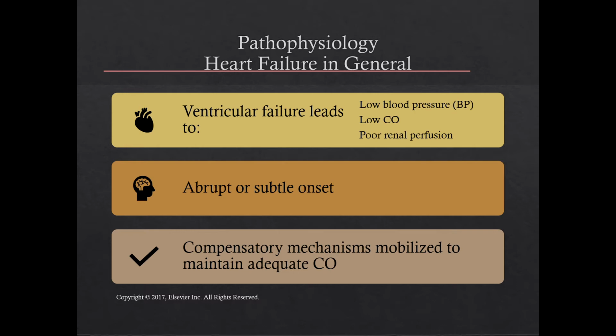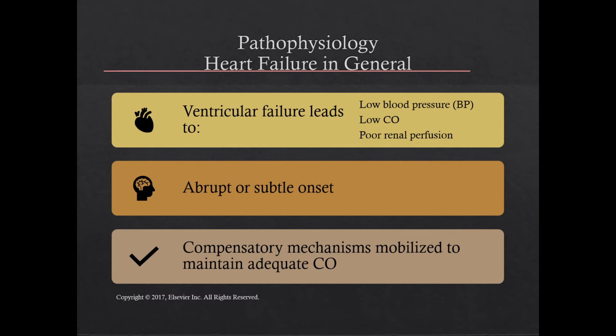And then the body is always going to have to, if the body is struggling to meet the perfusion, the body is going to go into compensatory responses like enlarging of the heart or beating faster of the heart. Why? Because it has to maintain that adequate cardiac output. And so what do you guys think the main compensatory mechanisms are going to be?